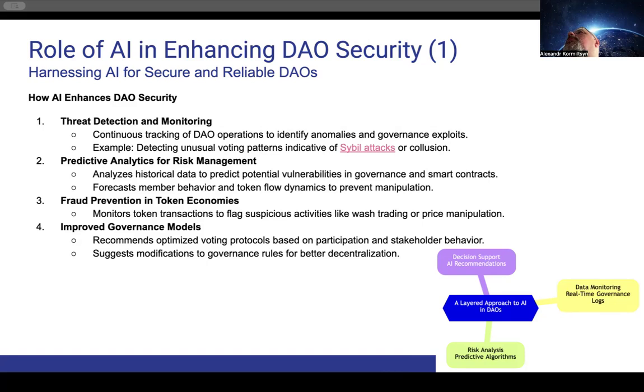Also, fraud prevention in token economics. You can monitor the token transactions to flag suspicious activities, for example, wash trading. Wash trading is a form of price manipulation. In fact, I would say wash trading means that you're buying and selling a token back and forth to simulate some artificial demand that bumps up the price.